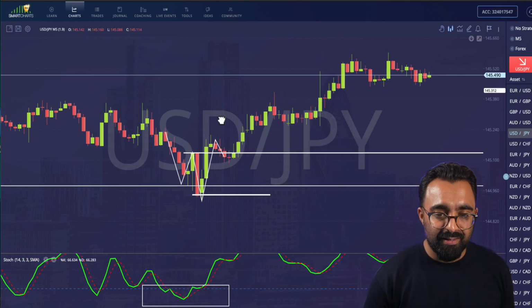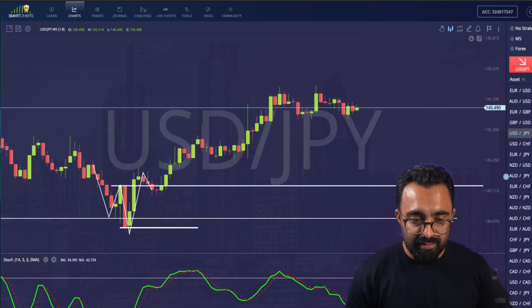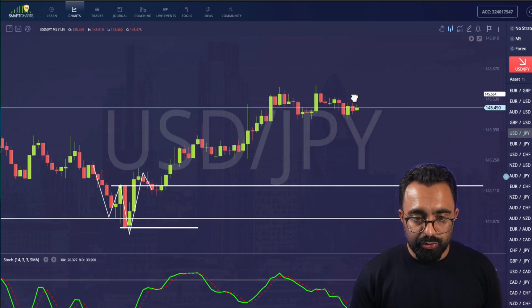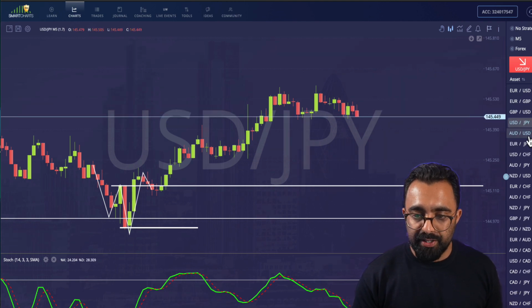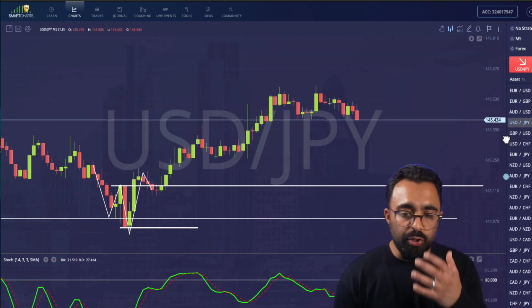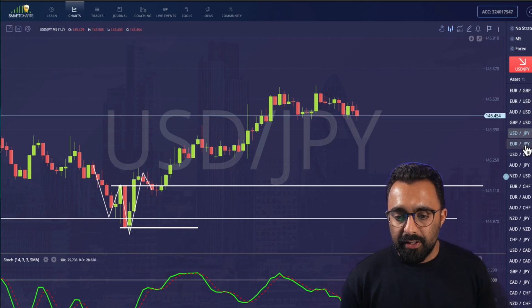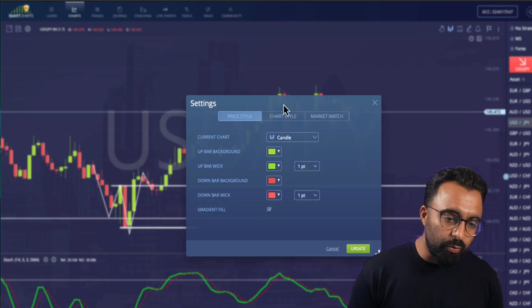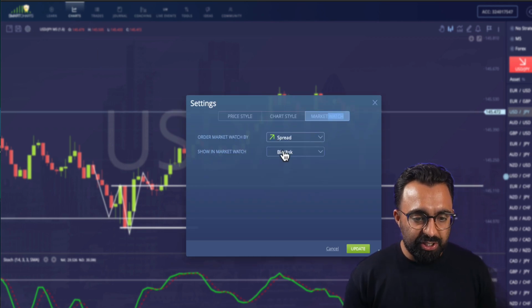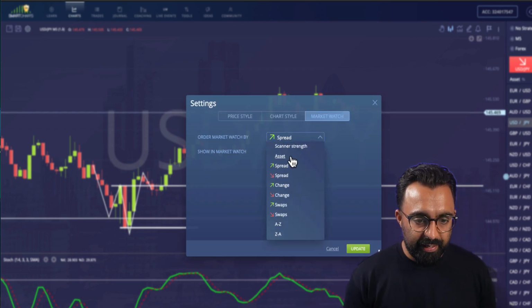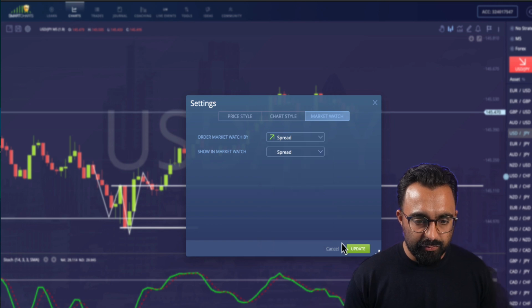Okay. Now, as we can see here, market was in a double top. There's a little small trade, but we don't like that. And just for someone who wants to trade intraday, you could just look for different trade ideas. Go for volatile pairs, go for pairs that are low spread. So I can organize my market watch here based on spread and put it in, let's say, spread up there.